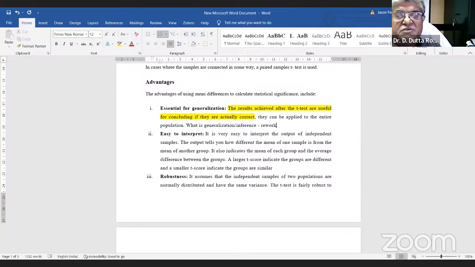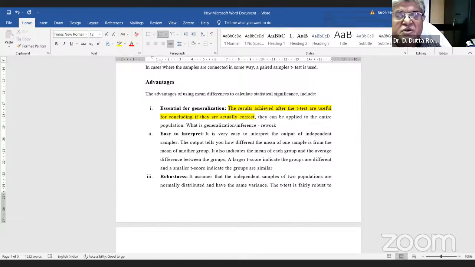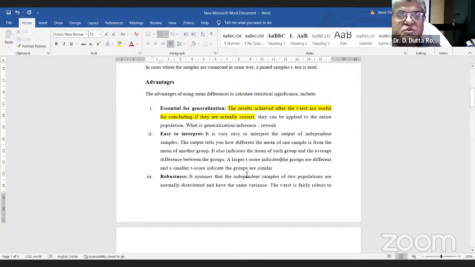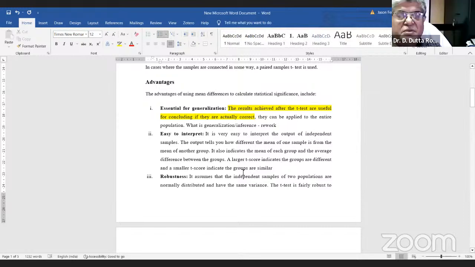Achha, a larger T-score indicates, this is not clear. A larger T-score indicates the groups are different, but is it true?